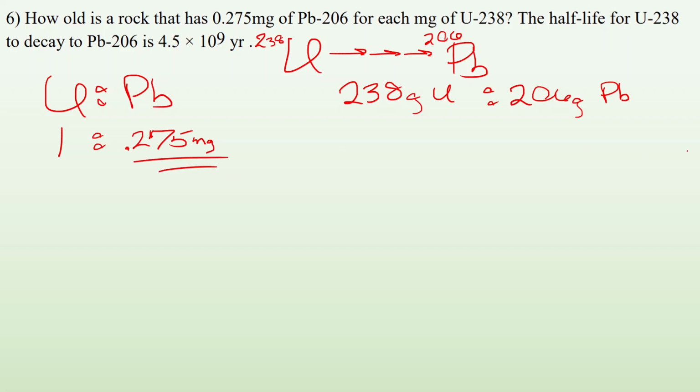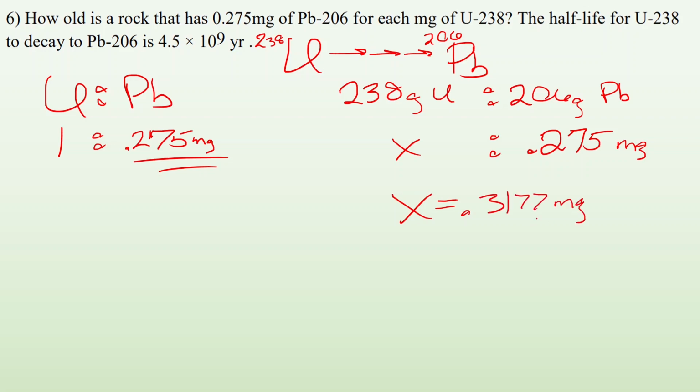So how much uranium did that used to be? Well, I'm going to have to use that ratio to figure it out. So I have 0.275 milligrams of lead. How much uranium was that? So I do a little cross multiplying and dividing, and I get X to equal 0.3177 milligrams. So 0.3177 milligrams of uranium decayed to become 0.275 milligrams of lead.